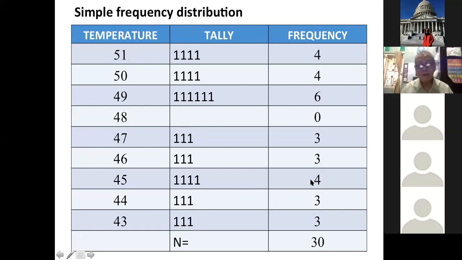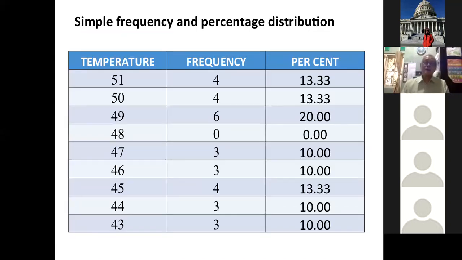So when you present the data this way, it looks meaningful. You can see that the most frequent highest temperature occurring during the month is 49 because it happens 6 times, and the others are lower than that. So it is meaningful after you have the frequency distribution. This is what we call the simple tabular frequency distribution.